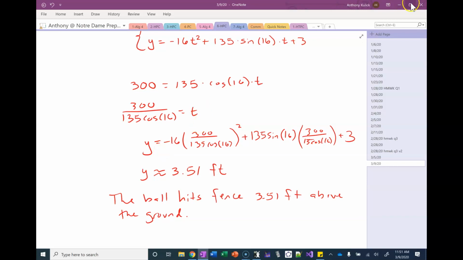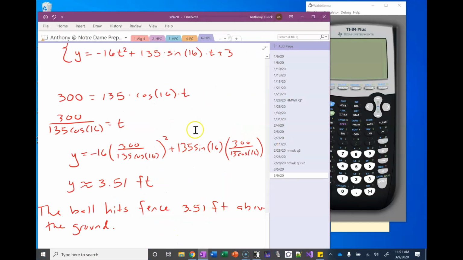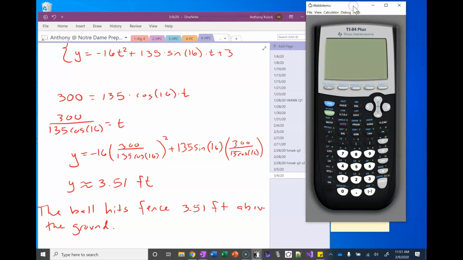Let's look at this situation on our calculator and visualize what's happening, since we can draw the physical situation with our calculator in the parametric mode. So I'll go back to my parametric mode, and I'm going to type in my function exactly as I wrote it above.